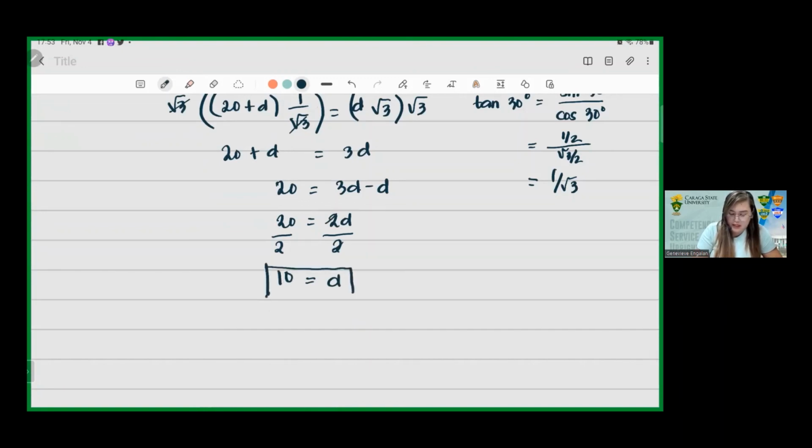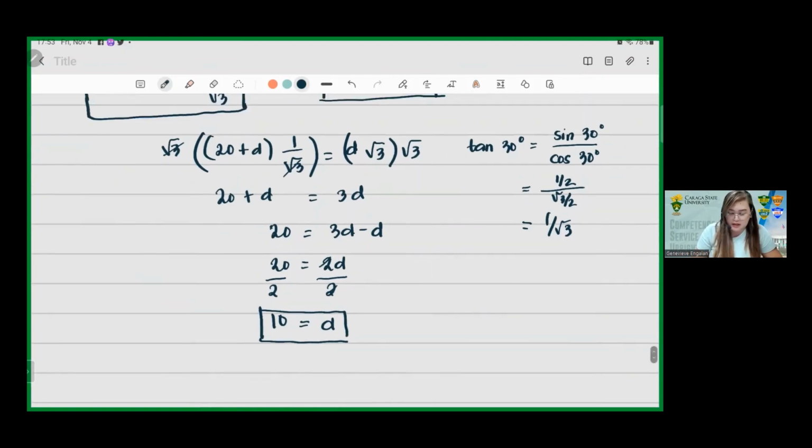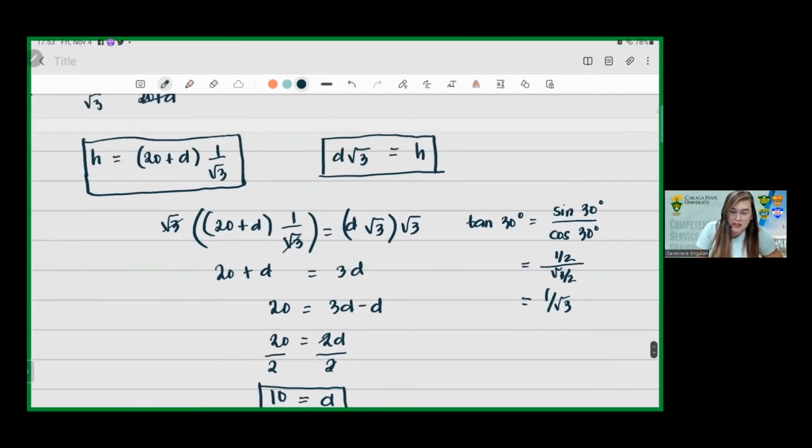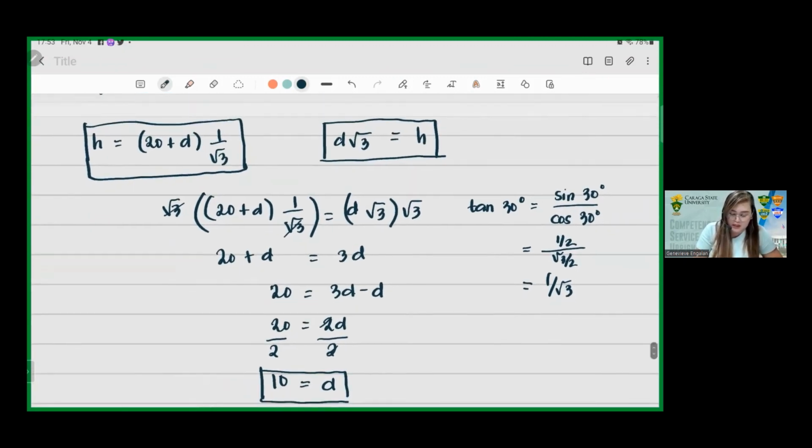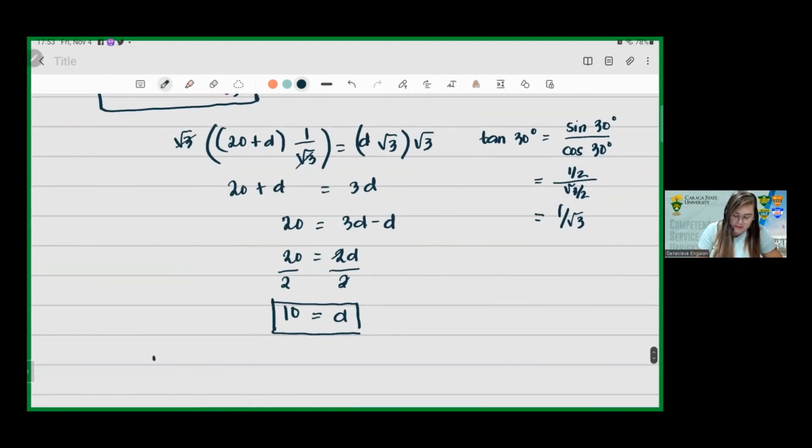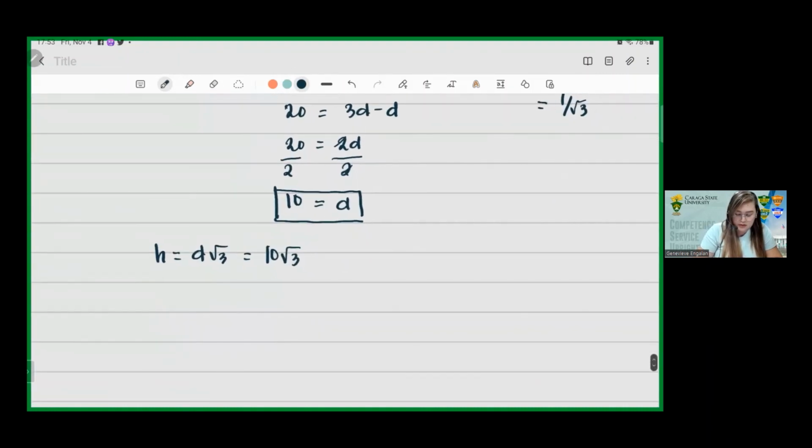What was asked is the height. So remember, the height is equal to d times square root of 3. So, the height is d times square root of 3. So, you have 10 square root of 3. So, our h is equal to 10 square root of 3 units.